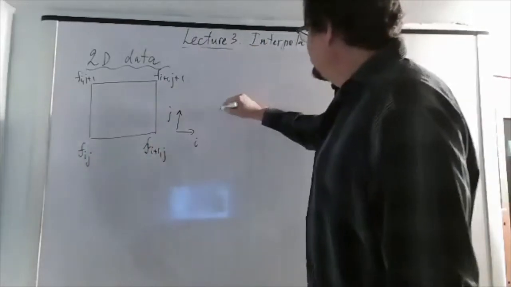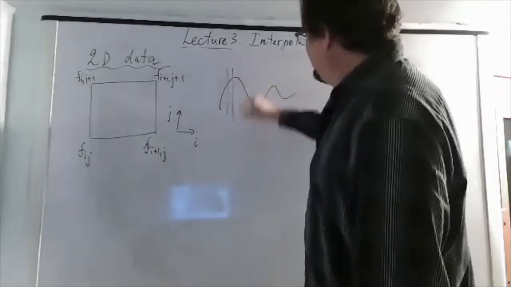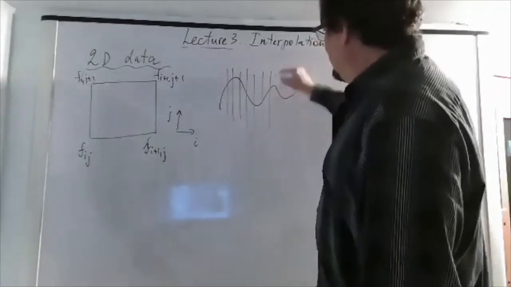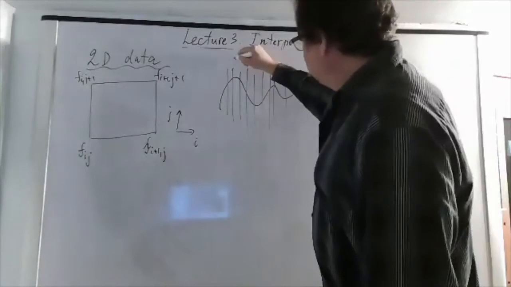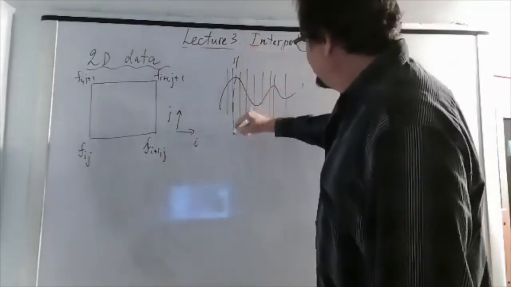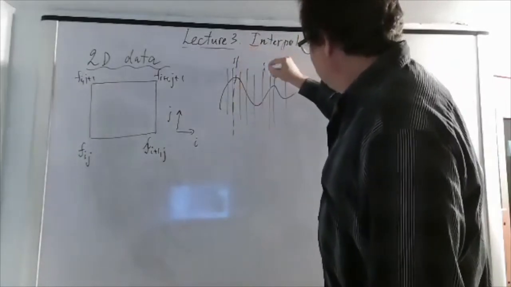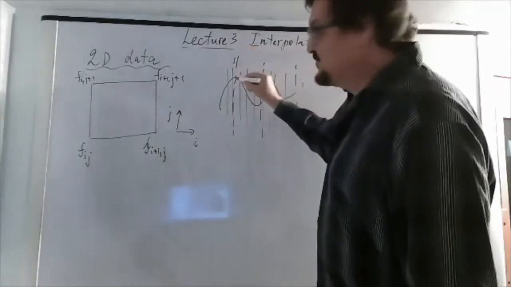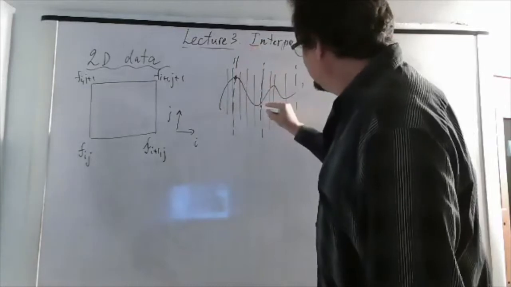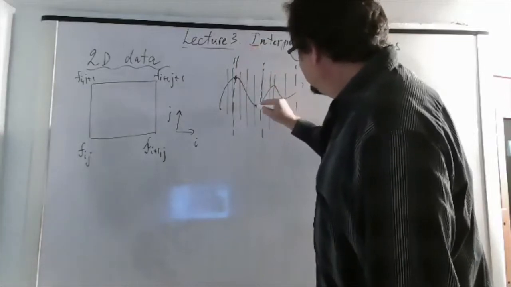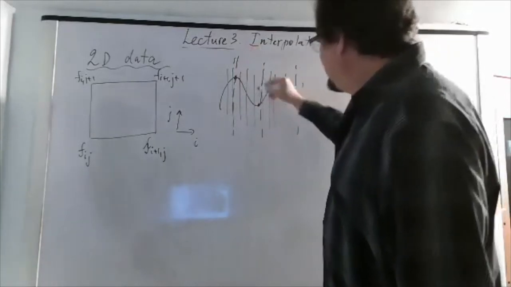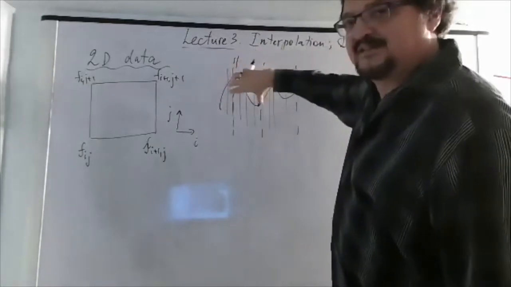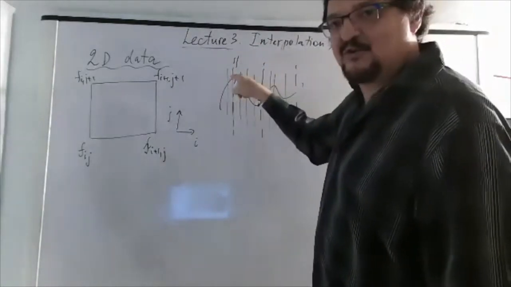If you have some function on a very fine grid and you try to interpolate to a coarse grid, you take these points here and here, and then you say that this whole big cell is filled by this value.